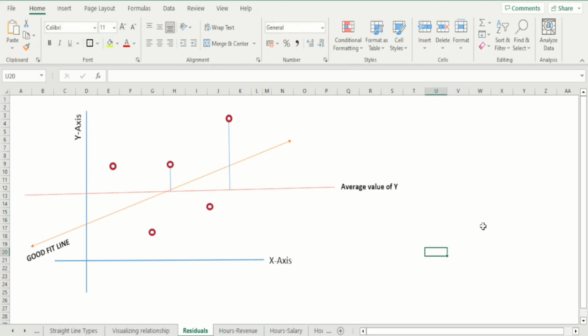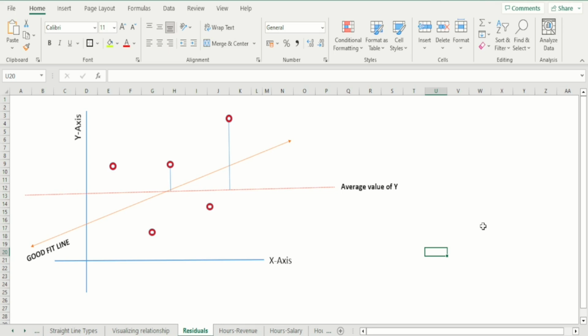Okay, so why is this important? Because this difference between the data point and the average value of y is the overall variance from what we usually expect to be the mean value or the average value of y or the dependent variable.